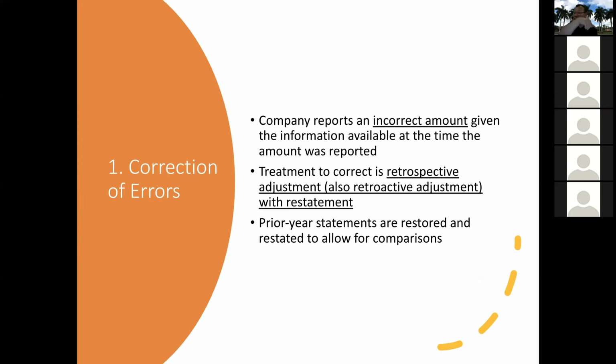If in the previous period the information is there but you made a mistake, you have to fix it. So this is the retrospective adjustment. You have to go back to the prior year to fix it. That's pretty straightforward, right? You made the mistake in the prior period. You are correcting that error. You have to go back to the prior period to fix it, right? So retrospective adjustment.